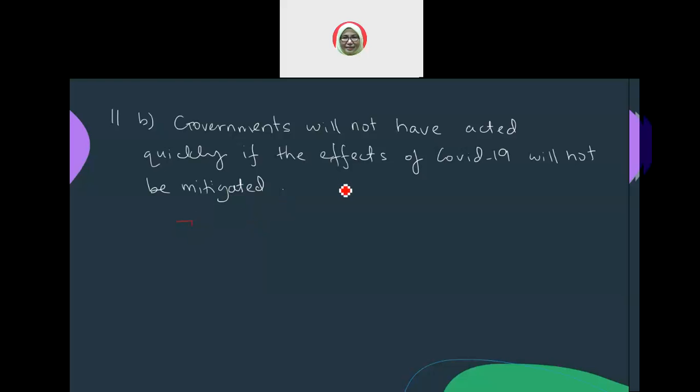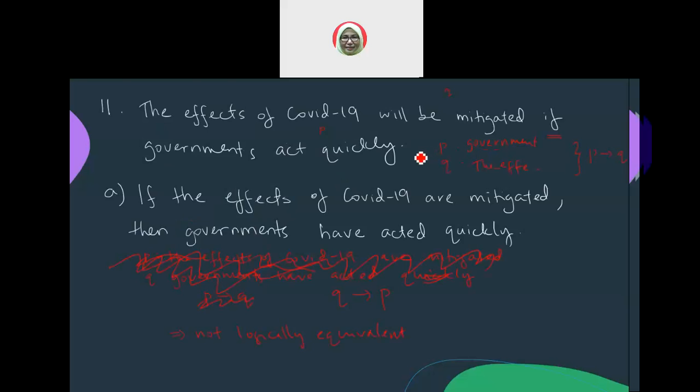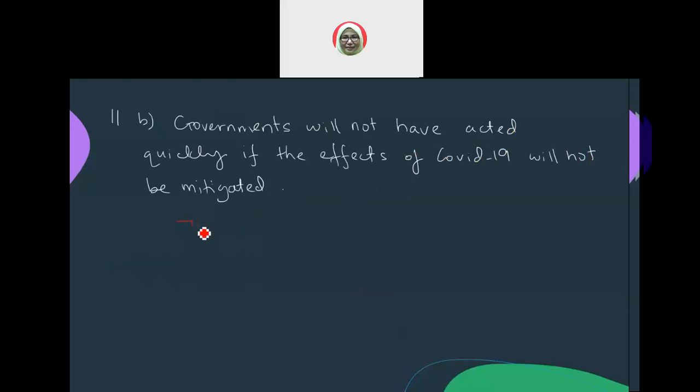Just now, governments is P, so this one is not P. If you see the word "if" in the middle, that means not Q implies not P. So this one is the conclusion, and this one is the hypothesis.